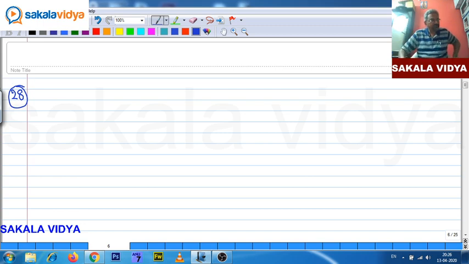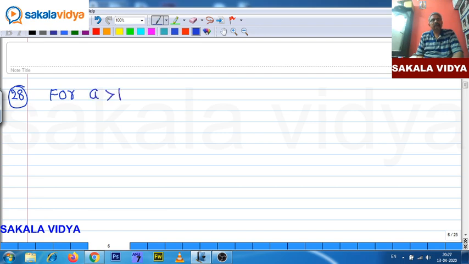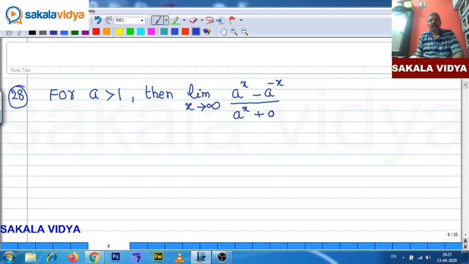28th question. Okay. For a greater than 1, then limit x approaches to infinity, a power x minus a power minus x upon a power x plus a power minus x equals to.